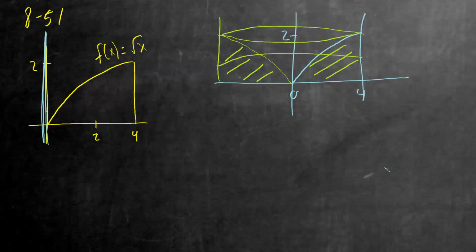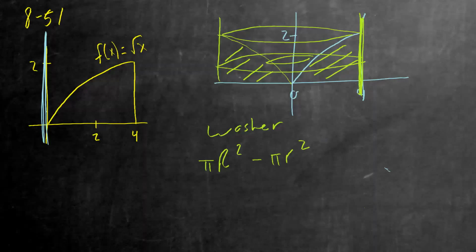I'm going to do this middle just because for me it's a little easier to see a washer right there. So if I say washer, I want to write pi r squared minus pi r squared. And now I just have to decide what my r's are. When you've got this nice solid outside wall, your big R has got to be 4.